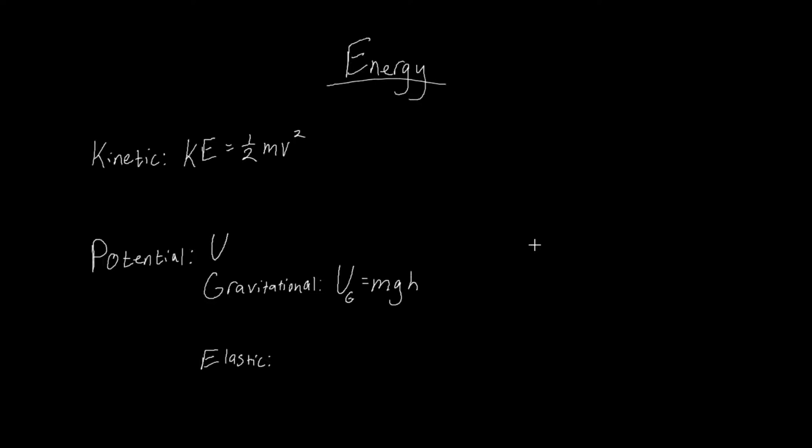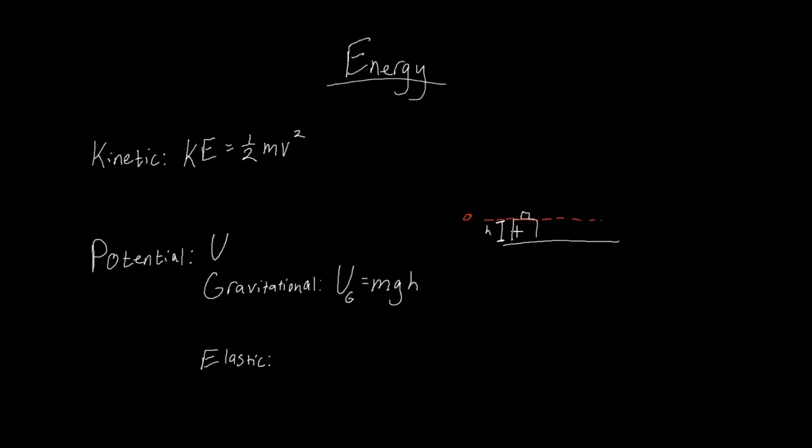So if you've got, for example, an object that's sitting on a table, you could set the 0 line as the ground, in which case it is this high off the ground, and that would be your h. If it makes the problem easier, what you might want to do is set this as your 0 line, which would mean that it has a height of 0 from your 0 line.